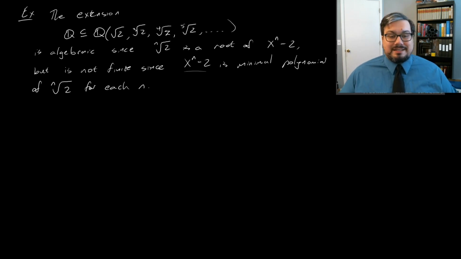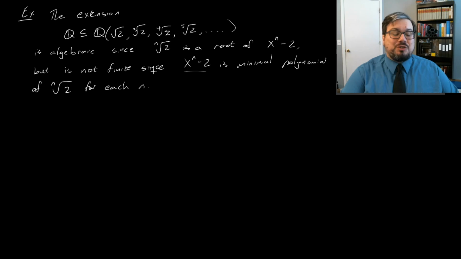Eisenstein's criterion is the easiest way to do that. So these x to the n minus 2 polynomials are all irreducible polynomials. They are monic, and the nth root of 2 is a root of this x to the n minus 2 polynomial. Therefore, all the elements in the larger field here have minimal polynomials with unbounded degrees.